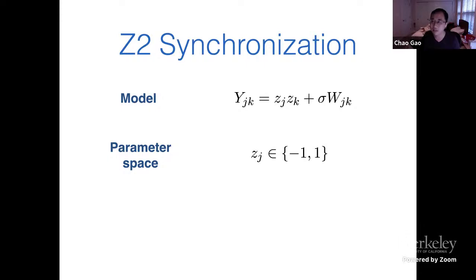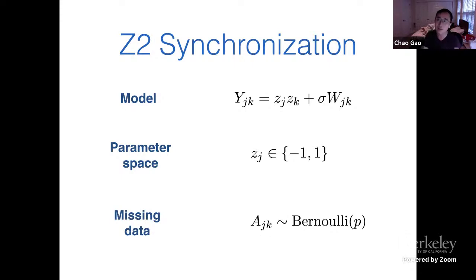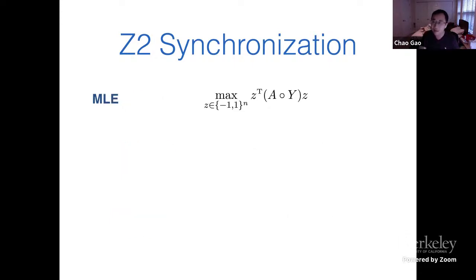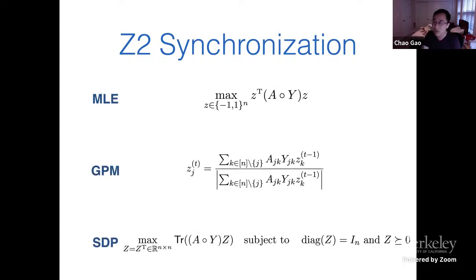So you can regard this problem as a discretized version of the phase synchronization problem, right? Each angle is only allowed to take two values. And we also allow the possibility of missing data. And the goal is to estimate these n discrete numbers. And again, in the literature, we have three algorithms, the MLE, generalized power method, SDP, and the formulas are almost identical.